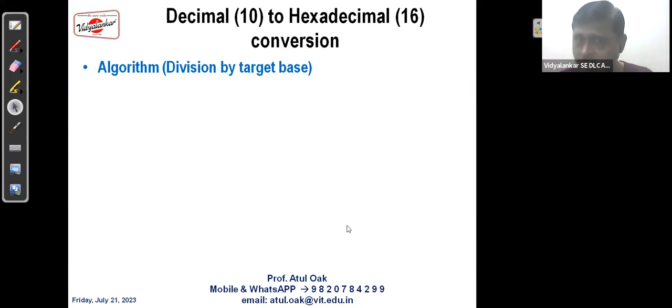It will be a little tricky, because you are aware that in hexadecimal we use digits from 0 to 9 and alphabets A to F. A means 10, B means 11. So this division we have to do a little carefully, because alphabets will come.